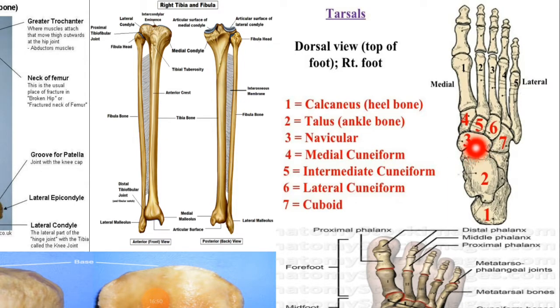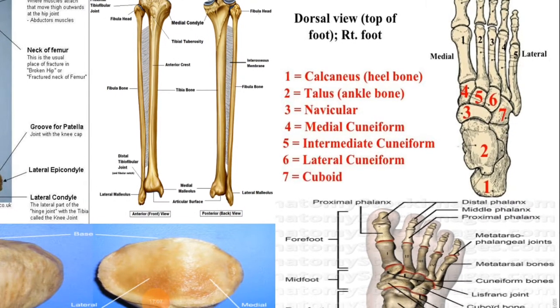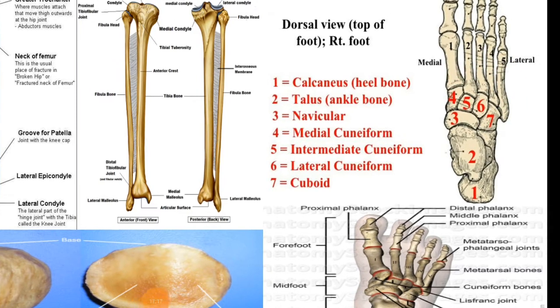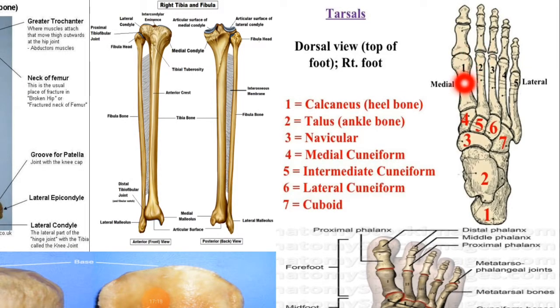Then we have the 3 cuneiforms: medial cuneiform lying on the medial side of the body, the intermediate cuneiform, and the lateral cuneiform, and then we have the cuboid. Then these are the metatarsal bones, the 5 metatarsals from medial to lateral.